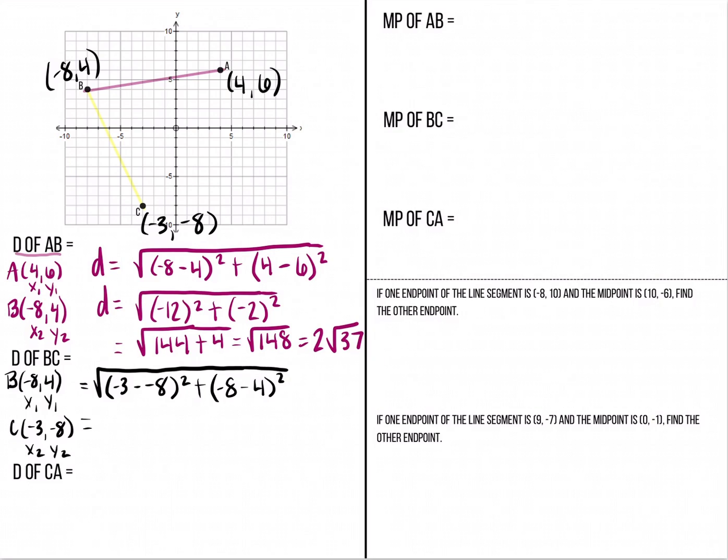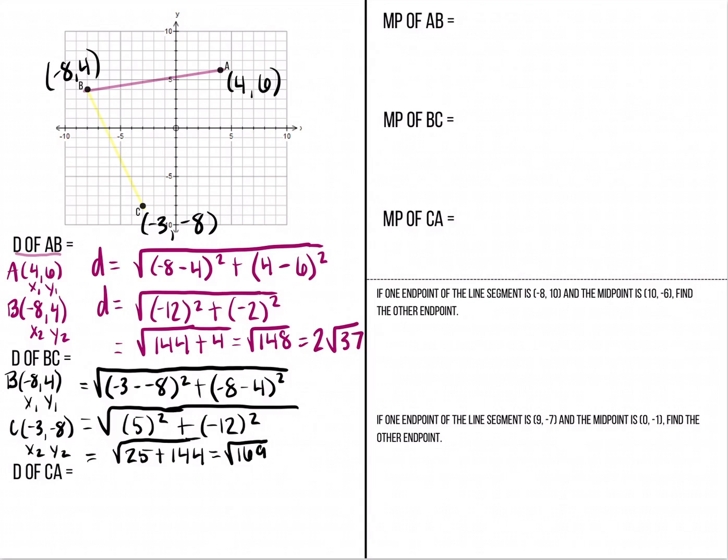Then -3 minus -8 is going to be 5, because when you're subtracting a negative, you're adding a positive. And -12 squared is 144. So that equals the square root of 25 plus 144, which is the square root of 169, and the square root of 169 is 13. So the distance from B to C is 13.